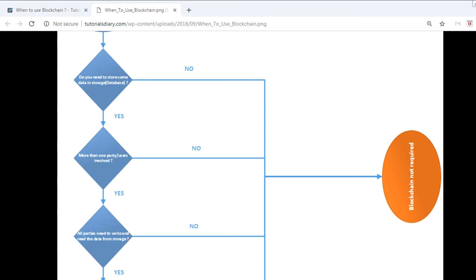Let's take one example to understand it better. Let's take a hospital. A hospital can have partnerships with other hospitals, vendors, or other partners. One hospital can have a partnership with another hospital in the same state, all over the country, or outside the country. That means a hospital is storing information and can share that information with other parties as well.